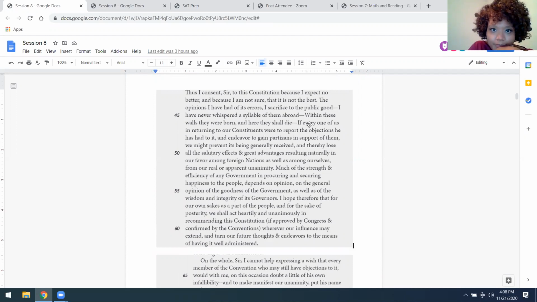So let me start reading this. I'm going to start right here at line 56, where my cursor is.